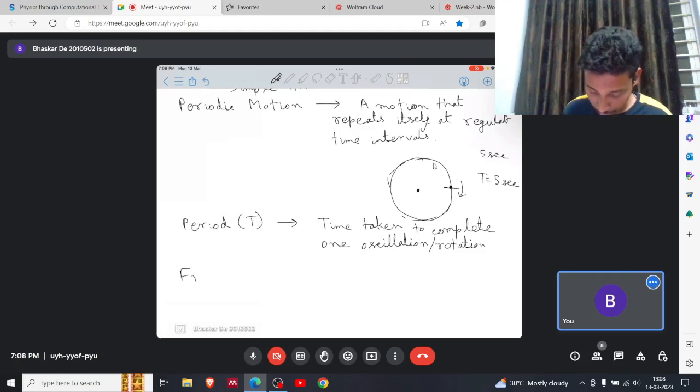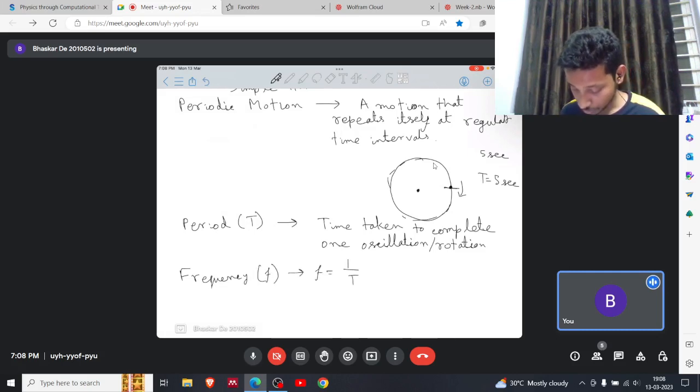Now the third thing is frequency. This is f equal to 1 by T. Frequency denotes how many occurrences are happening in unit time. That's why it is 1 by T. So here the frequency is 1 by 5, which is 0.2.